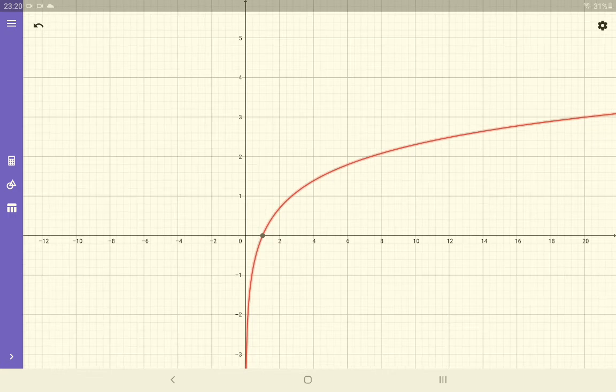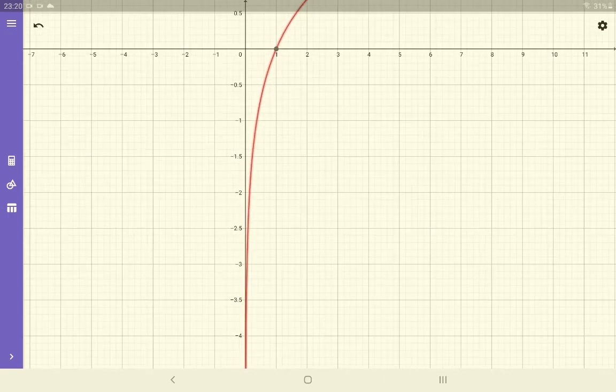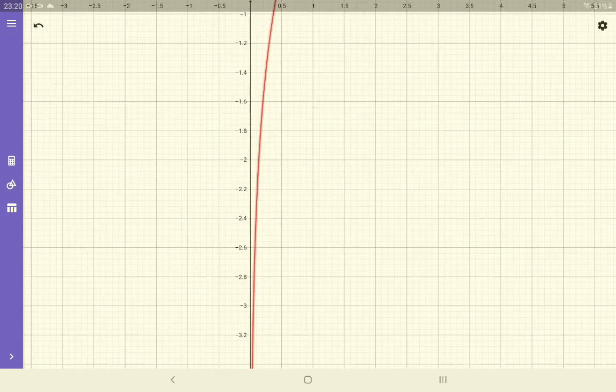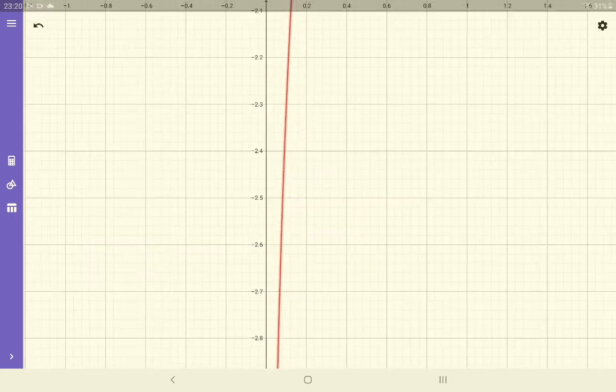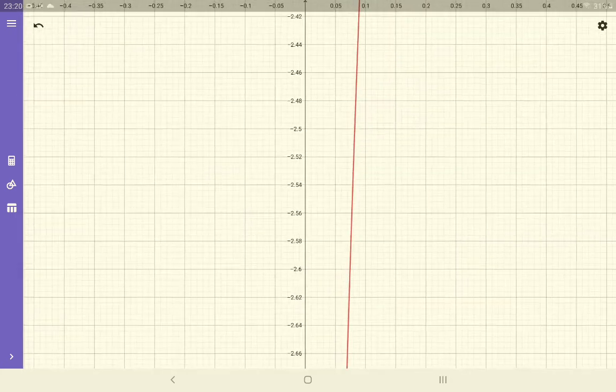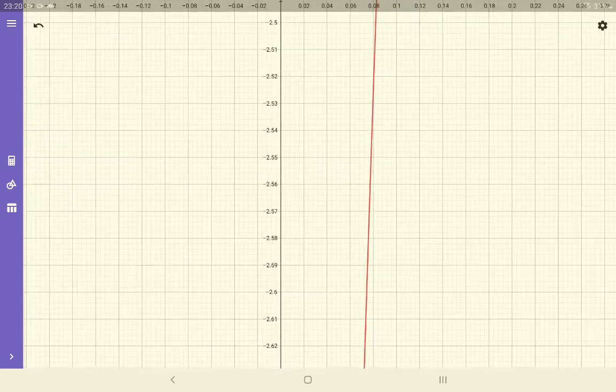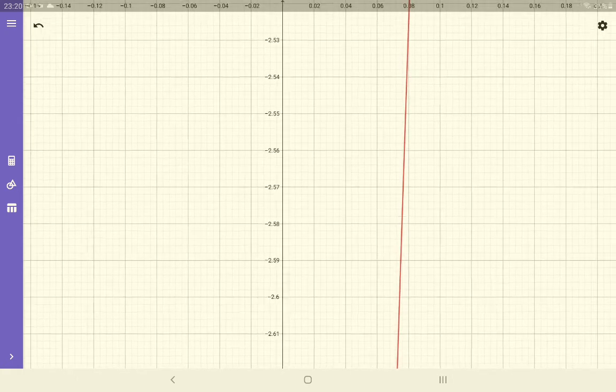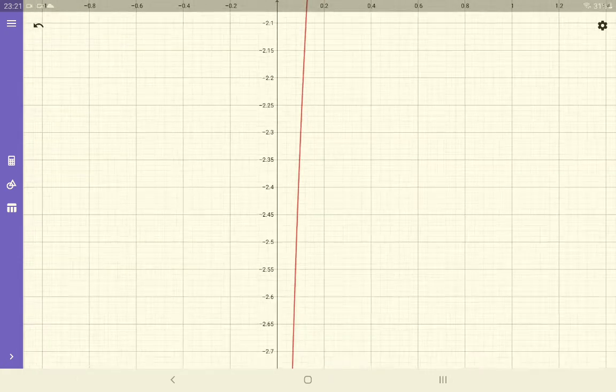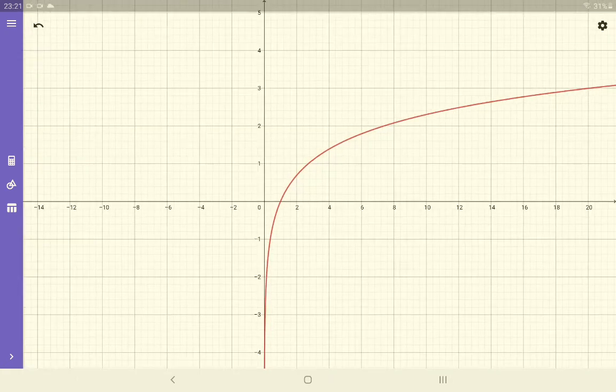It is not exactly on the y-axis. It is quite away from the y-axis, like this. See. So this is nothing but the magic of graphs.